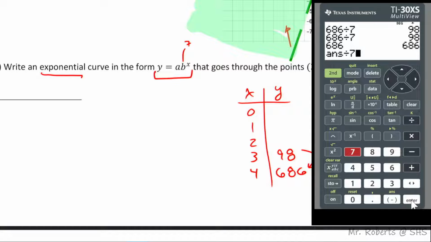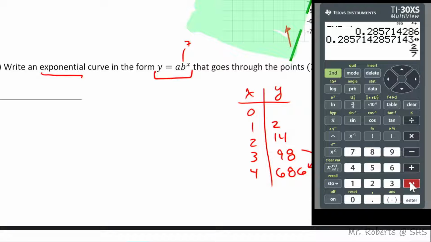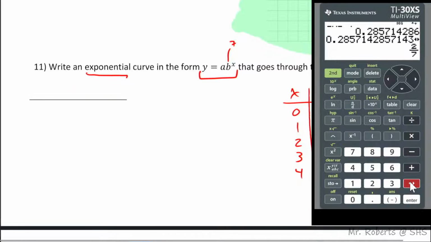Here's the magic. 686 becomes 98, becomes 14, becomes 2. And if I divide that by 7, I get 2 7ths. Not exactly pretty, but I do know everything I need to know.